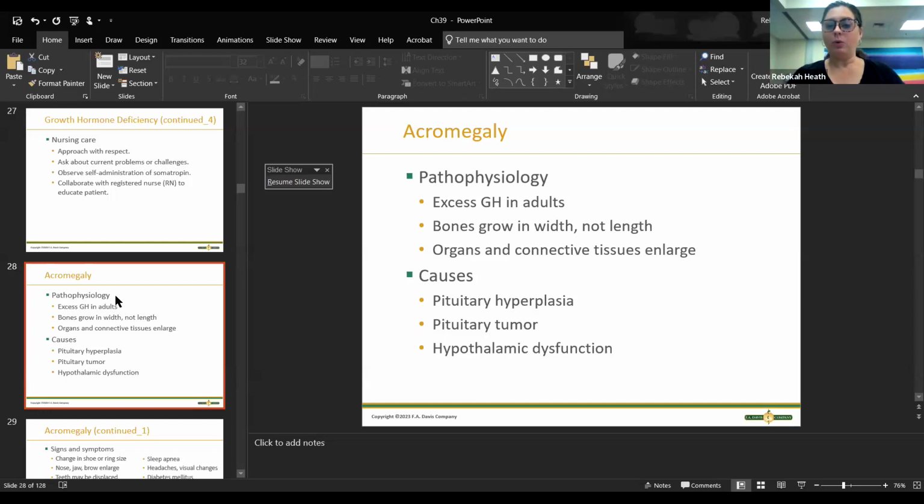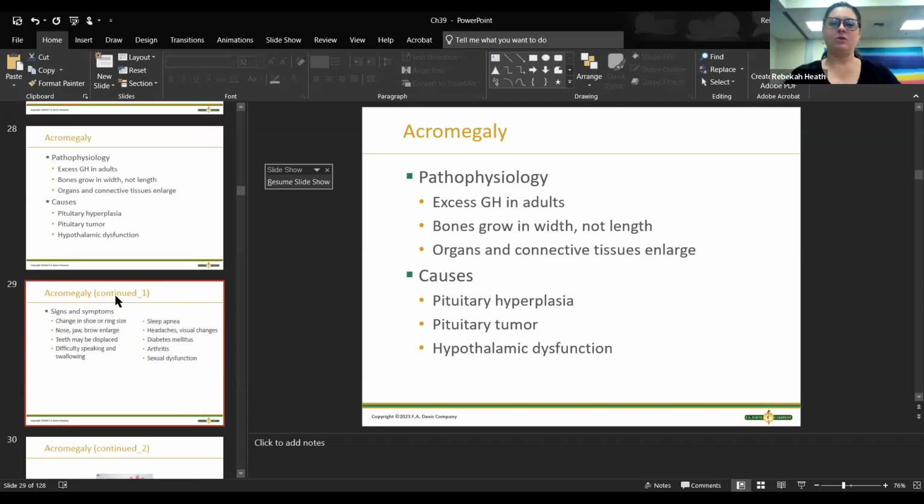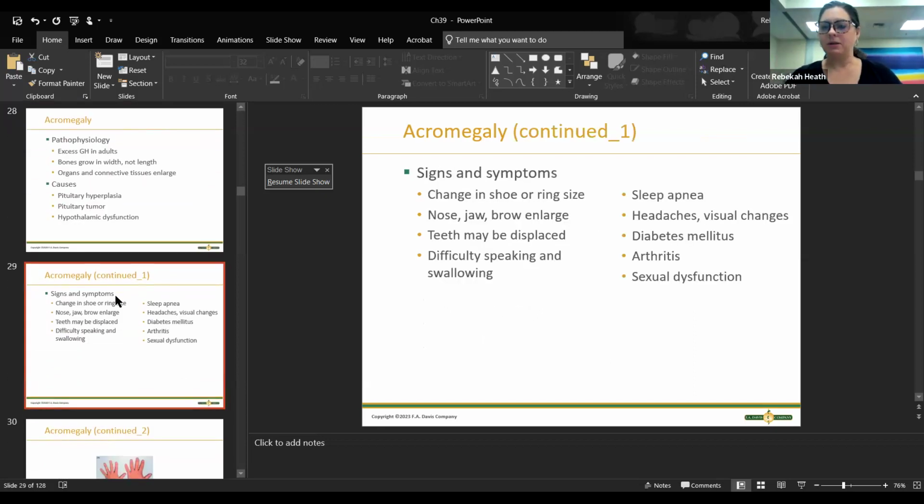Their organs and connective tissue are also going to grow with that growth hormone increase. And it can be from the pituitary having overgrowth, maybe a tumor, or your hypothalamus having dysfunction. So signs and symptoms in adults: they're going to say, hey, my rings have always fit, and now they don't. And it's not because I'm swollen, my hands are bigger.